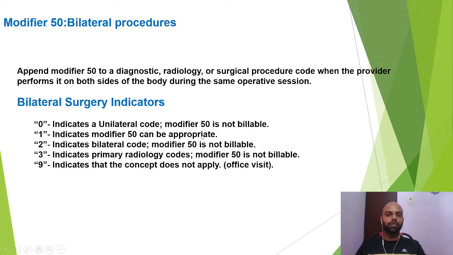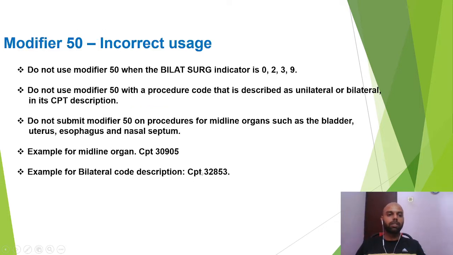We can add modifier 50 when we see indicator 1. 2 indicates a bilateral code. The CPT code itself is a bilateral code, so modifier 50 is not billable when the indicator is 2. 3 indicates primary radiology codes. Modifier 50 is not billable. 9 indicates that the concept does not apply for office visits.